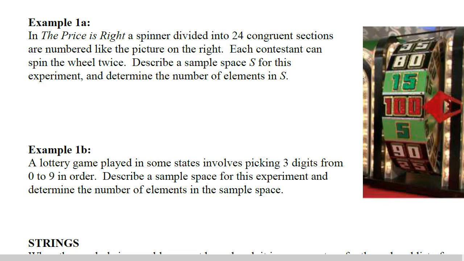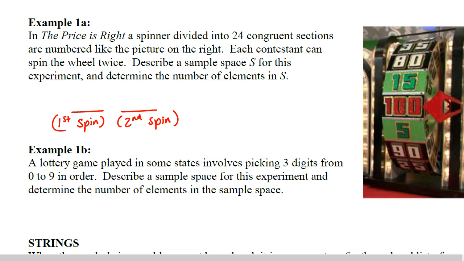So in this case, a sample space for this experiment is going to be the number of elements in S. We want to figure out how many total elements there are in this sample space, which means we're going to have two spins, our first spin and the second spin. Now the contestant doesn't have to spin each time, but we want to figure out how many total possible outcomes there would be if they did spin the spinner twice.